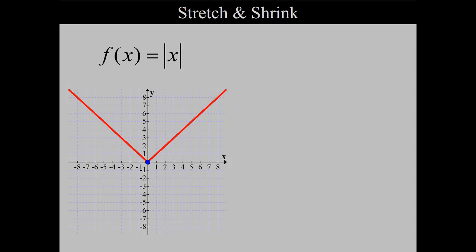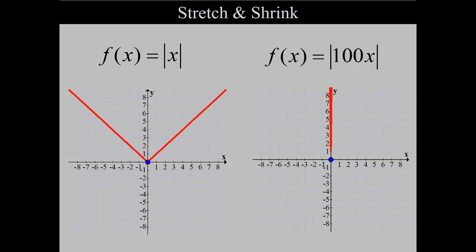Here's the graph of absolute value of x. The 100 tells me it's going to be squeezed or compressed or shrunk in the horizontal direction. On a regular calculator, I wouldn't see a thing because it all looks like the y-axis.